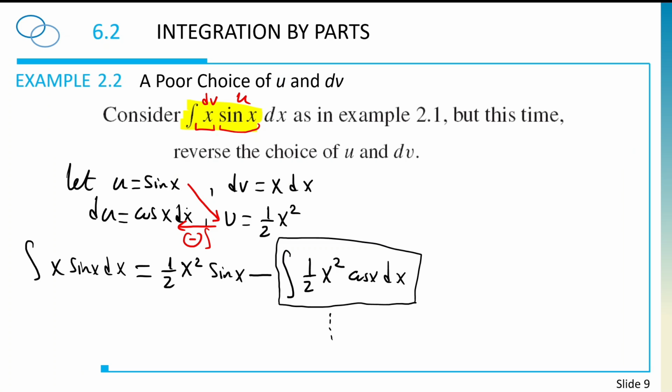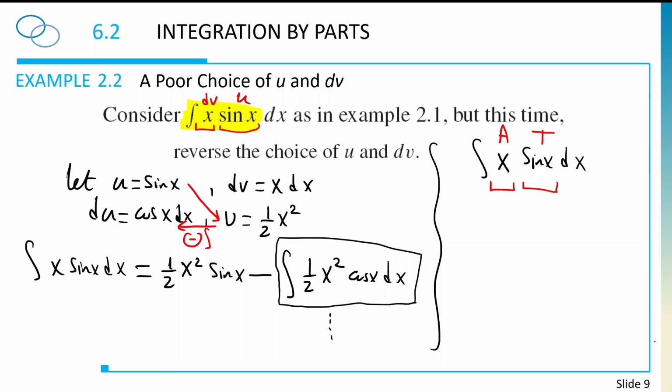I'll go back to this question, the one that we already covered. So what did we have here? We have the integration of x sine of x dx. If you look carefully at this question, you have x, which is an algebraic expression, and you have the sine, which is a trig function.